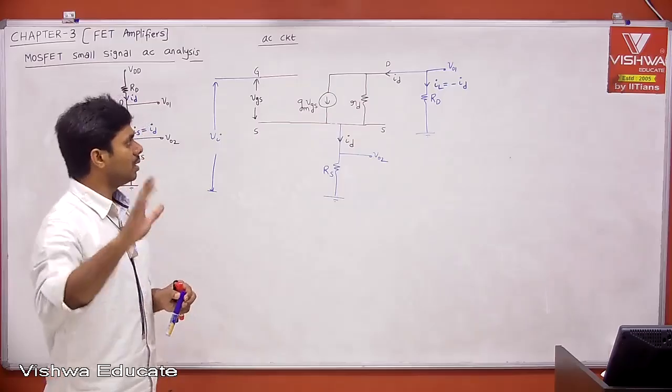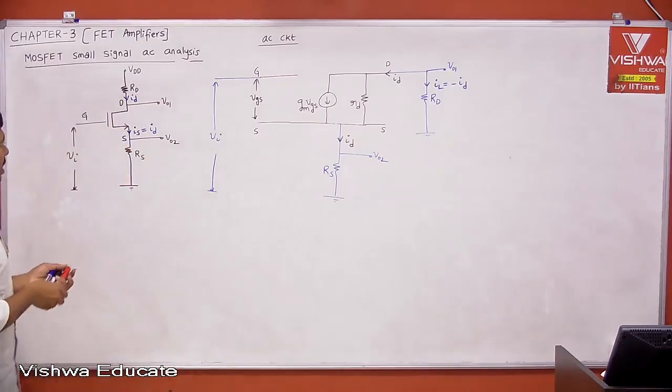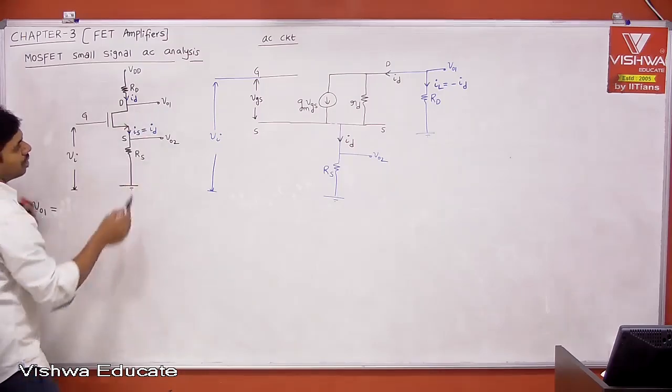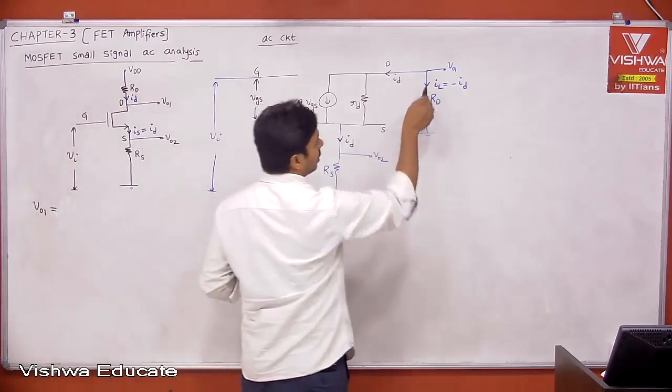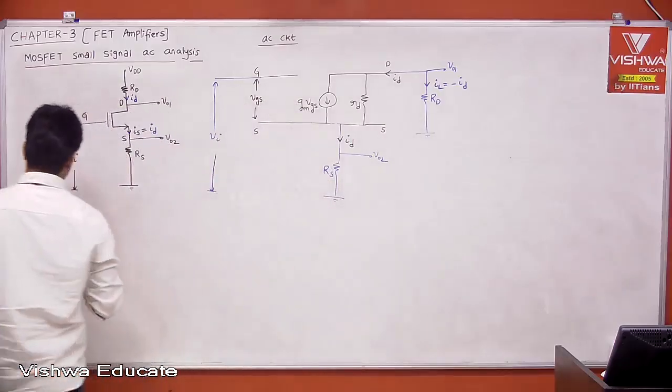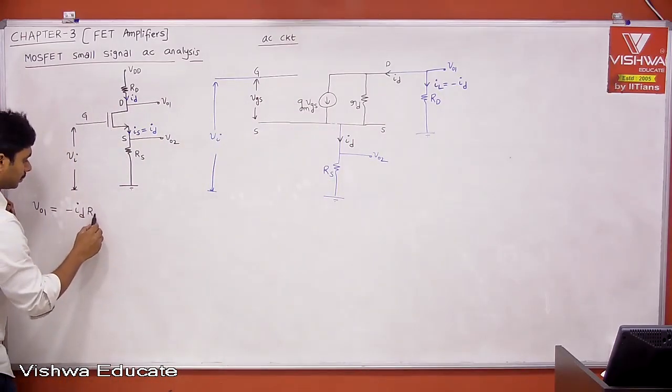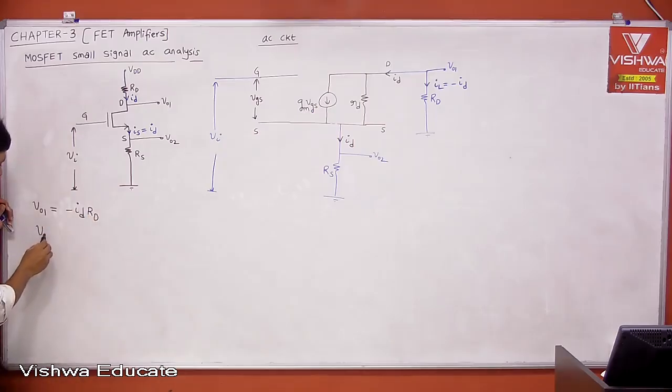Okay? Just listen. Now, what is our aim? Our aim is to get V01. V01 is the load current into RD, which is minus ID into RD. What is V02?